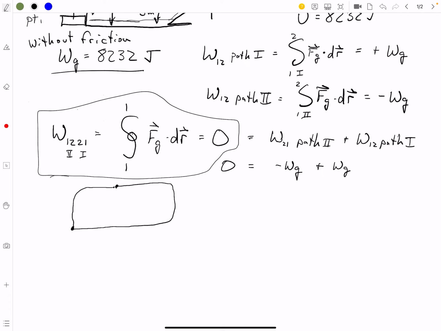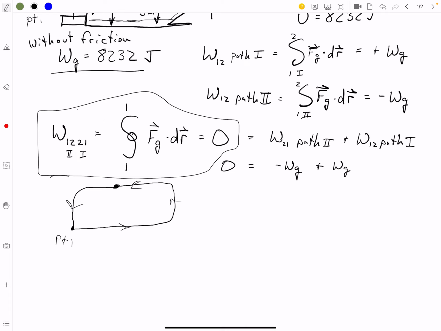Any conservative force, doesn't matter how you get or where those points are, you're going along your path, you're going to end up back where you started, point 1, and you're going to get 0 work for that force, all right?